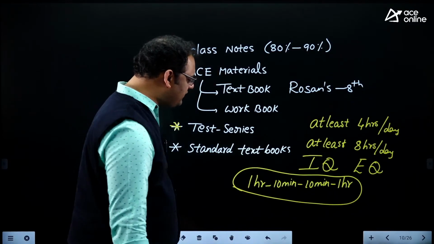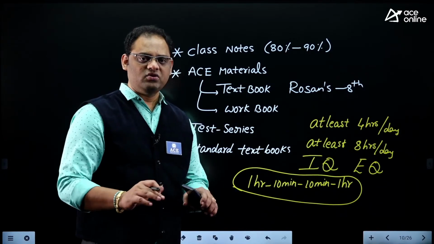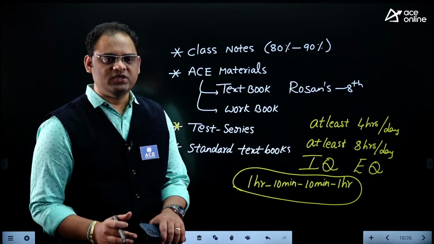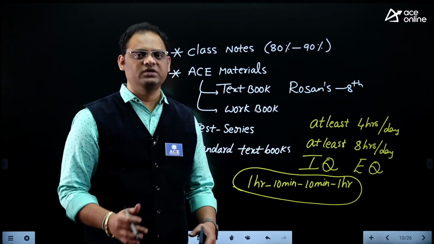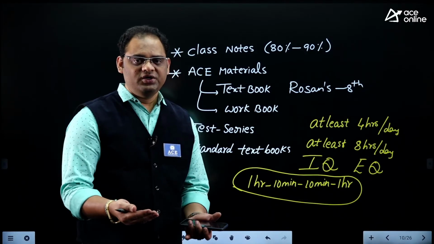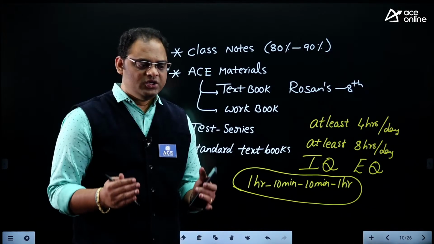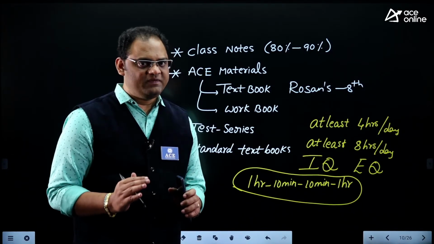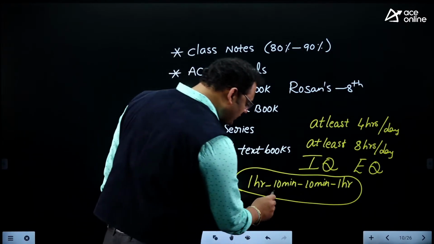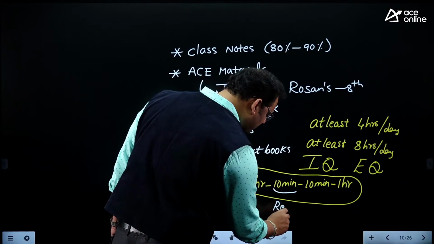Many psychologists say that 25 minutes of concept understanding, followed by 5 minutes of revision and 5 minutes of break, is required. But in our GATE subject, in 25 minutes, I don't know how much you can cover. Prepare concentratedly for 1 hour first. After 1 hour, take 10 minutes for revision.